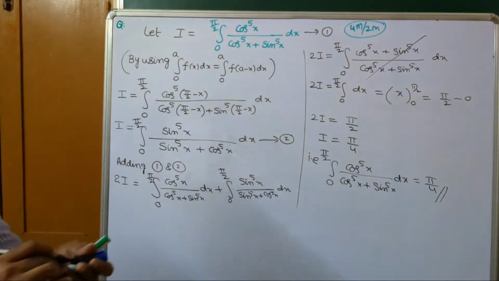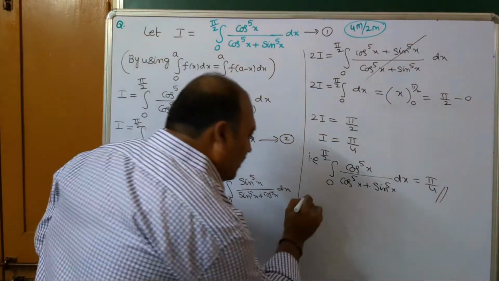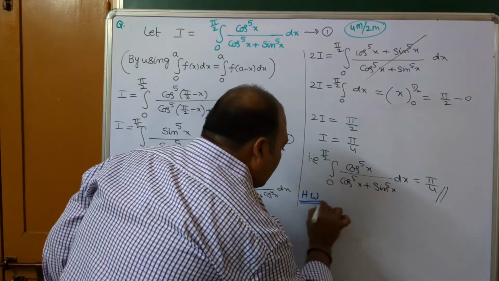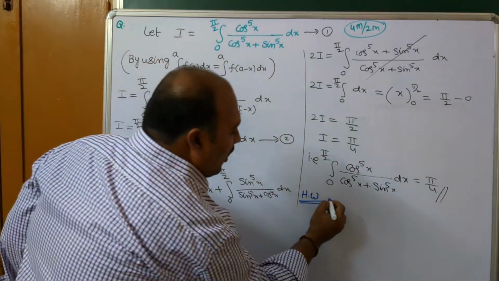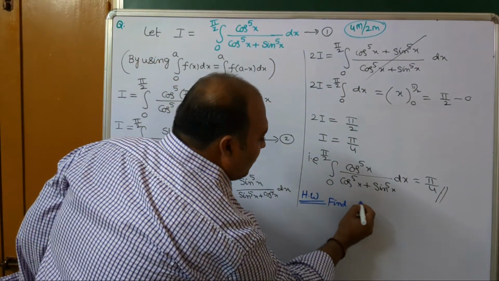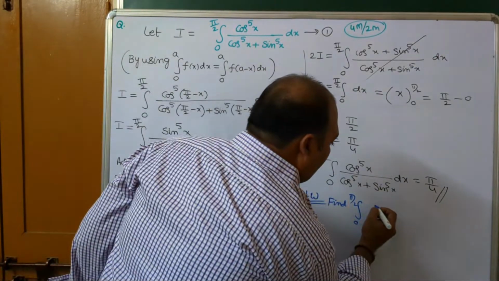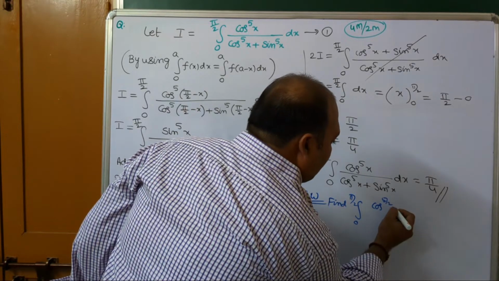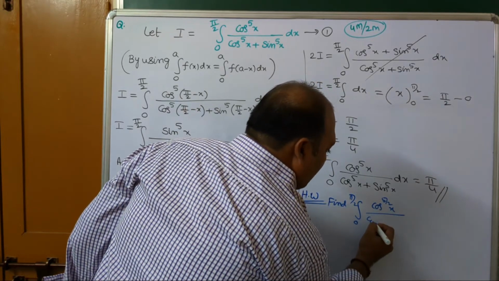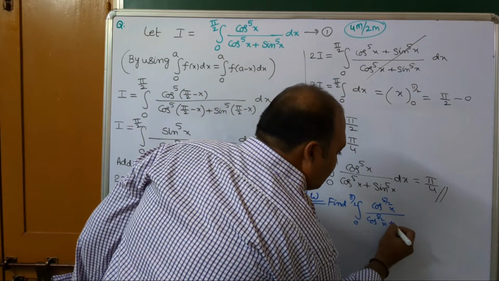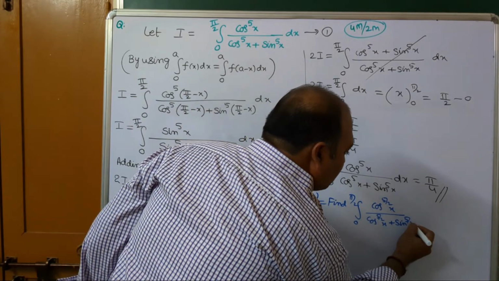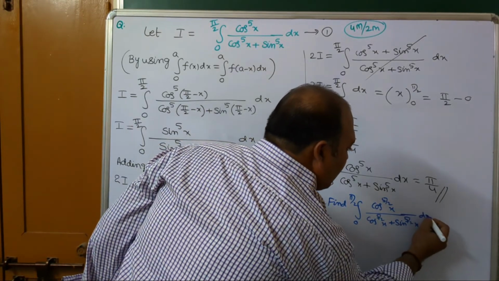For you people, I will give one question as homework to try. The same type of question. Find integral 0 to pi by 2 of cos power 5 by 2 x divided by cos power 5 by 2 x plus sin power 5 by 2 x into dx.